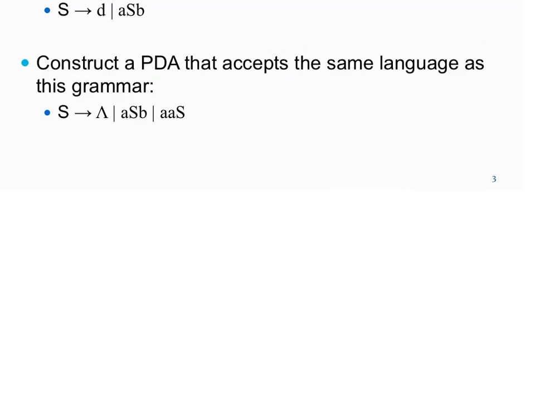So what about this language? This one's a little weirder. If we look at it, of course lambda's in the language, but we can also have A's that match B's, right? Or pairs of A's at the beginning. So I think what we're going to have for this language is a^n b^n, right?